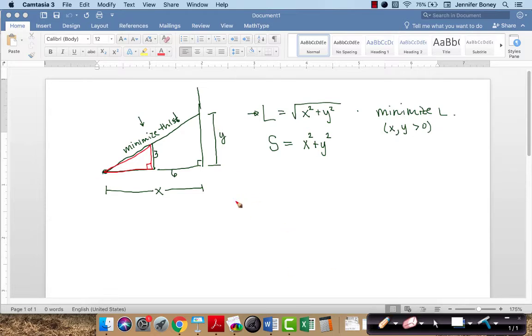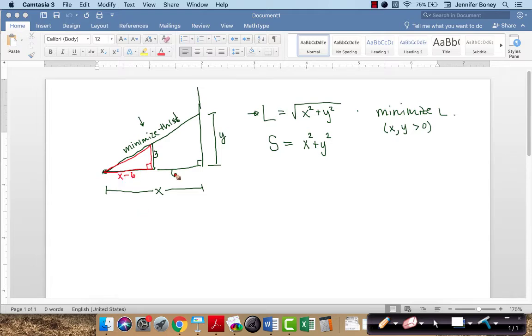This is something else that we also did, I think, when we were talking about laying cable across the river for Cox Communications or something. If this whole length is x, and this length, which is not part of a triangle right now, is 6, then this length right here I can express as x minus 6, right?